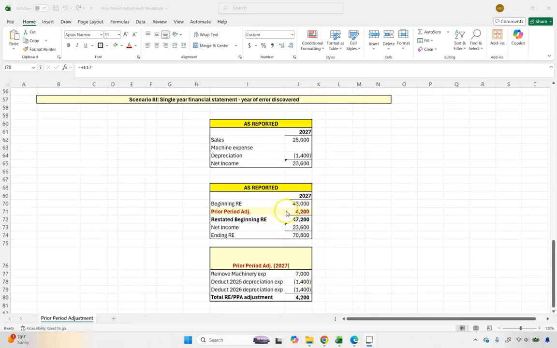Let's look at the prior period adjustment amount if I just show a single year financial statement. So my prior period adjustment for 2027 has to reflect all the adjustments that should have been in place for the prior years that were incorrect. If I'm just looking at 2027, 2025 was incorrect because my net income had too much expense by $7,000, but it should have also taken in depreciation expense for $1,400, as well as my 2026 year should have also had depreciation expense of $1,400.